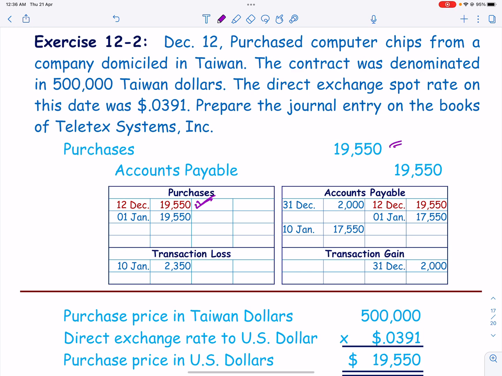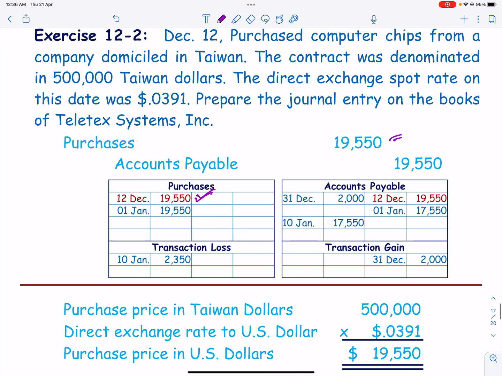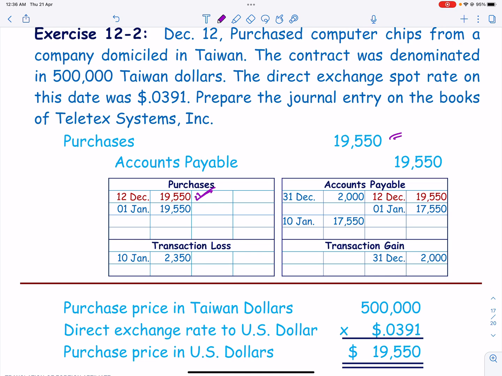So 0.0391 is the spot rate, multiplied by the total purchase price in the foreign currency. And we record here purchases, and we have accounts payable for 19,550 on 12th of December.